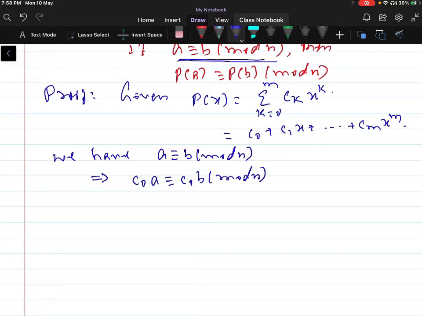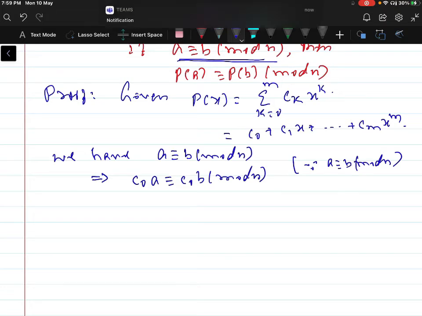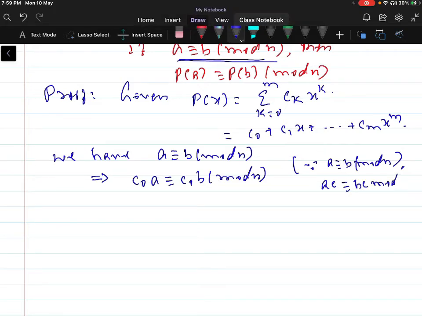We know that since a is congruent to b modulo n, then ac is congruent to bc modulo n also. So therefore, if a is congruent to b modulo n, then we can write c_0 into a is congruent to c_0 into b modulo n.